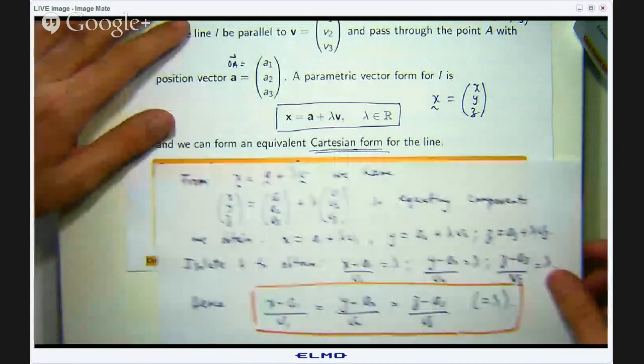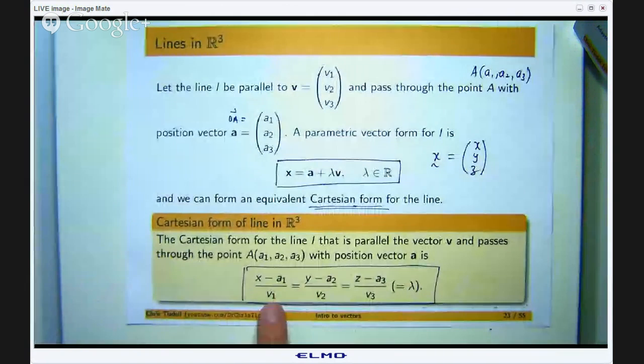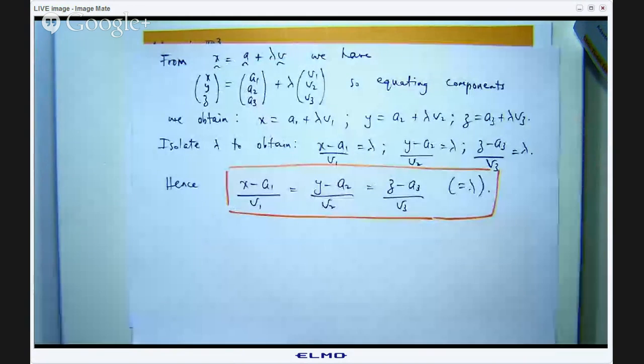All right. Well, some of you may be looking at this expression and asking, well, what happens if, say, v1 is 0? Can't divide by 0, so what do we do? Well, I just wanted to briefly discuss that.